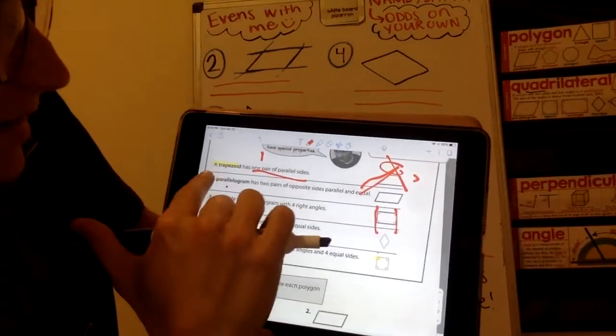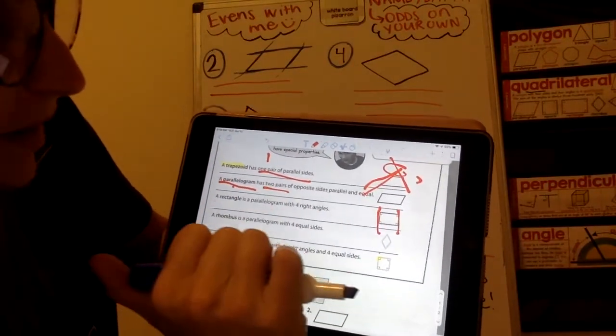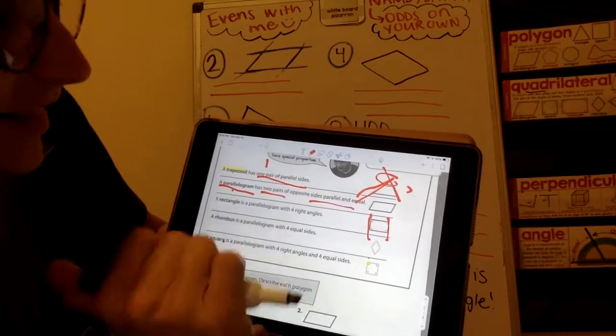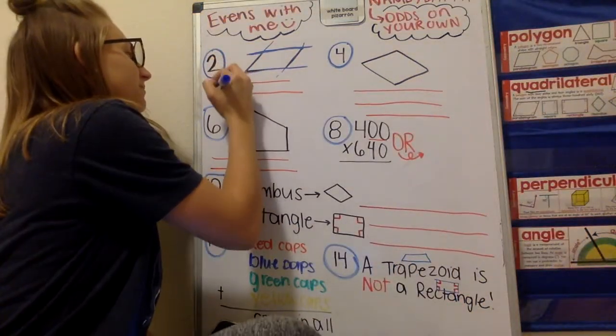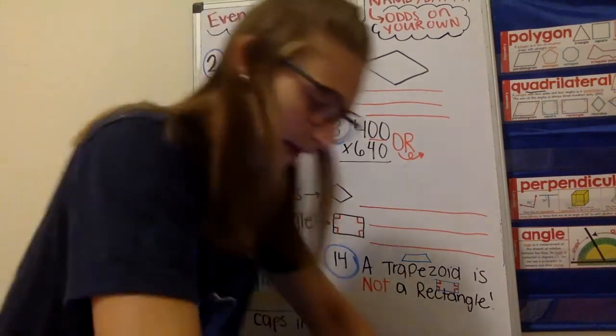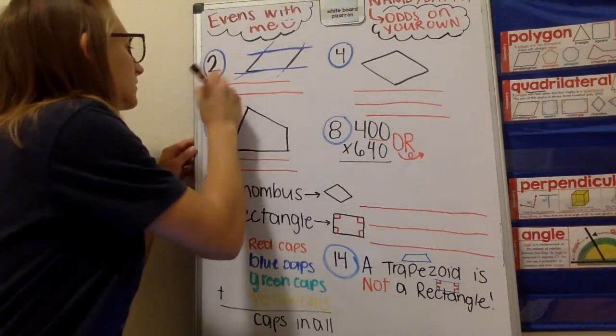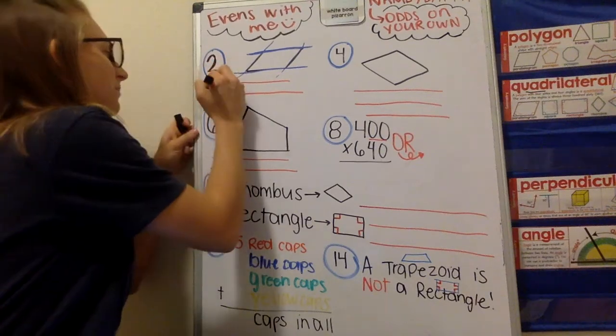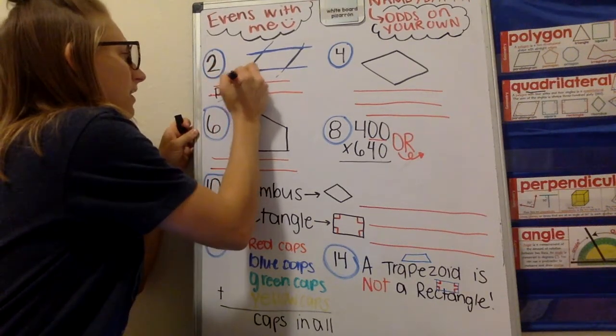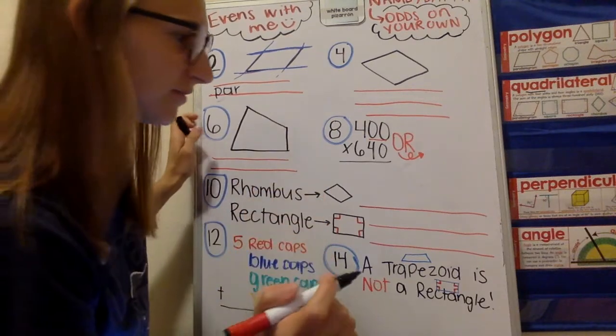If I look at my next one, it says a parallelogram. It has 2 pairs of opposite sides that are parallel and that they're equal. So it is a parallelogram. Let me use my black, because I just got to keep everything in order. You know how I am. I always get confused with the R's.